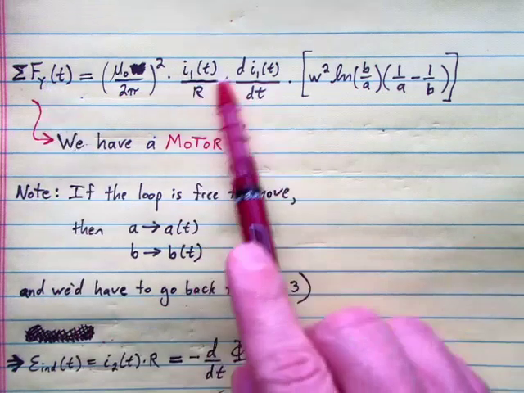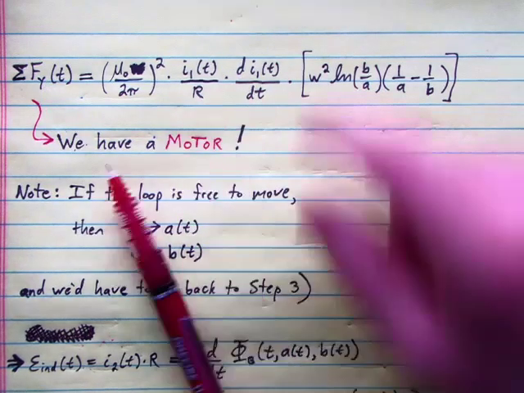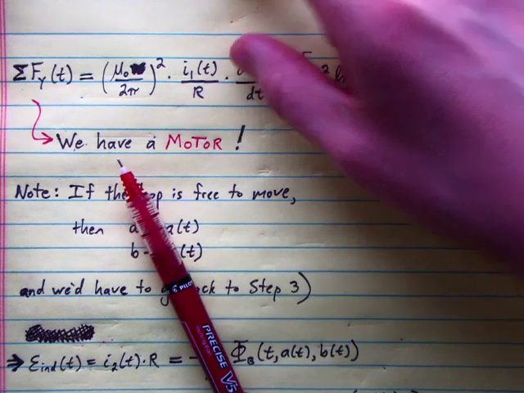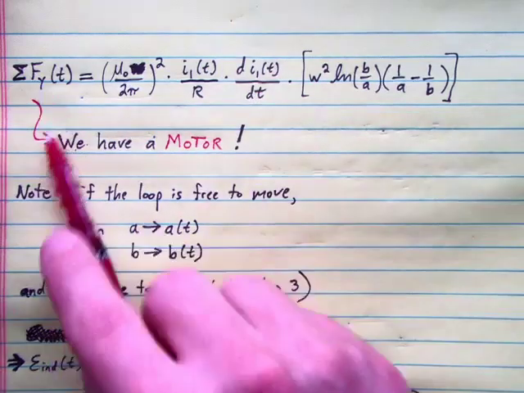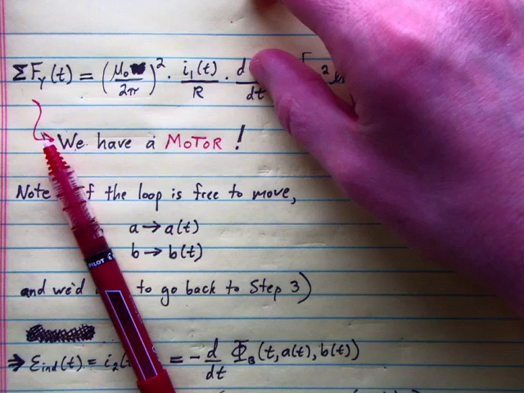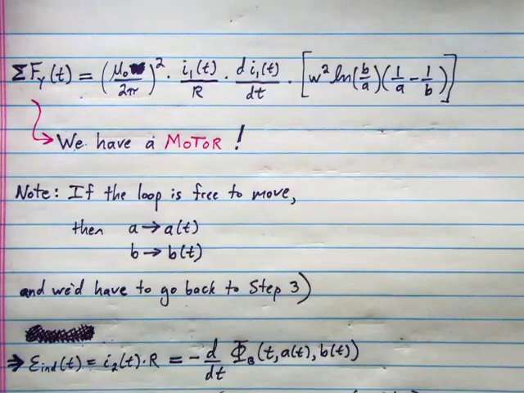So if I1 is positive and increasing, then our secondary loop gets pushed away from the primary. If I1 is positive but decreasing, the net force would be negative and our secondary loop would be pulled towards the primary. And any other combination you could think of.